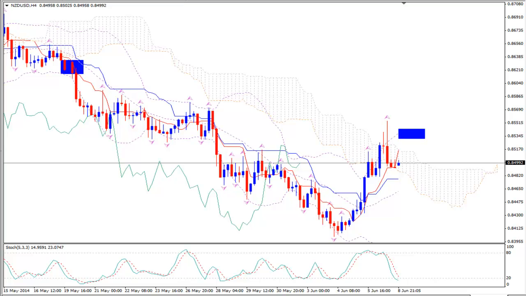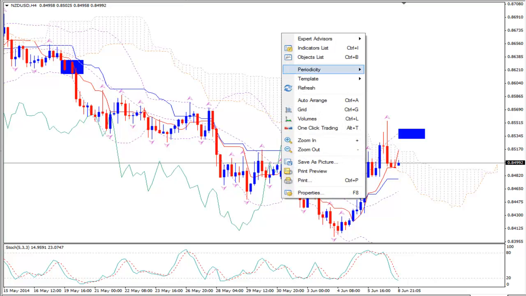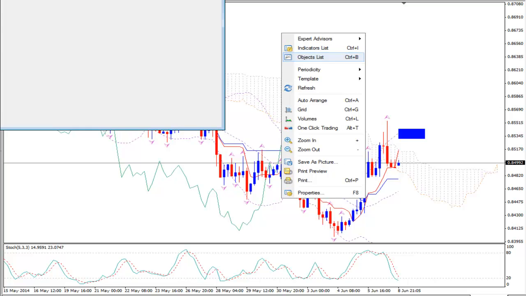So you could have the difference of these 2 points as our profit. Now the opposite can happen here. You can enter on a bullish Kumo Breakout and you can expect to exit at a bearish Kumo Breakout on the same time frame, which is the H4 time frame.